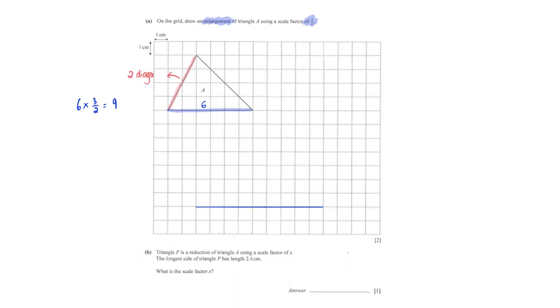Diagonal, and the diagonals are special. Okay, the diagonal is between two squares, so I'll have 2 times 3/2 equals to 3 diagonals.